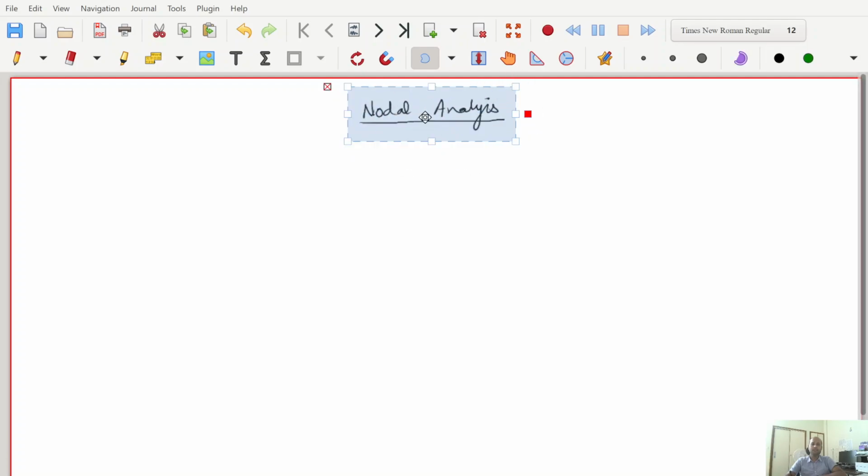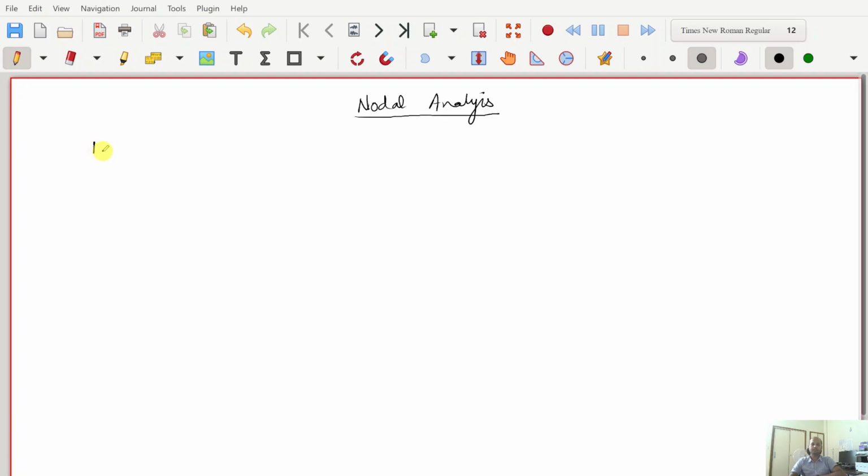In this particular technique, we make use of two different laws: one is Ohm's law and the second one is Kirchhoff's current law. Both of these laws are used together to write the equations.